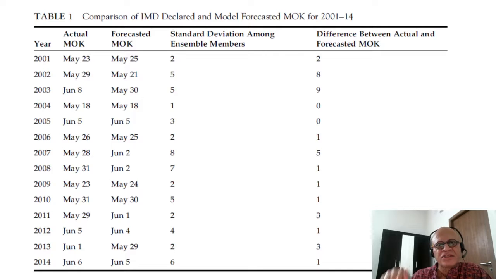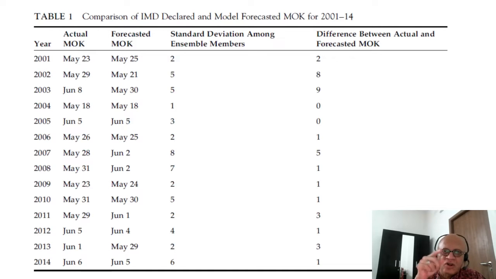And now another cyclone, Yaas, is spinning up, which also can pull up the monsoon trough, like it did last year. And onset, which was predicted to happen on June 5th last year, happened on June 1st because of the cyclones pulling the trough along.